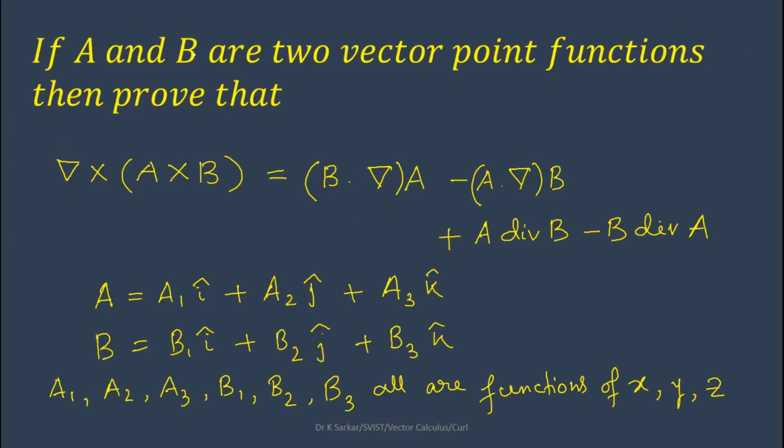If A and B are two vector point functions, then prove that curl of the cross product of A and B equals B dot grad A minus A dot grad B plus A div B minus B div A, where A and B are vector functions with components A1, A2, A3 and B1, B2, B3 respectively, all functions of x, y, z. Now let us find A cross B first.